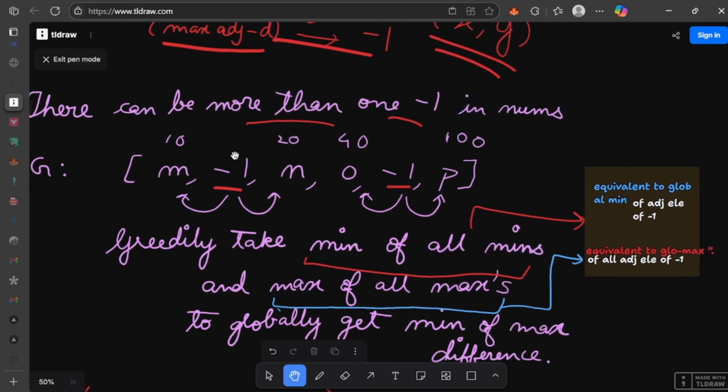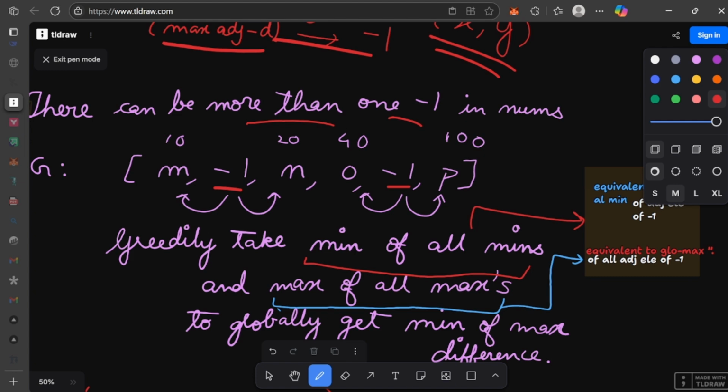So suppose I choose these values in my example: 10 as m, 20 as n, 40 as o, and 100 as p. So this minus 1 has 10 and 20 as its adjacent values. This minus 1 has 40 and 100 as its adjacent values.